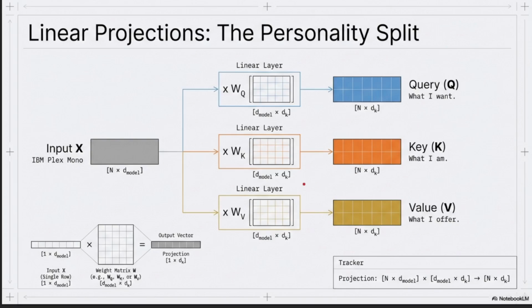If our input X is 2 by 512 and our weight matrices are 512 multiplied by 64, the resulting Q, K, V are compressed into 2 by 64. Row 1 of Q represents the query for "let's". Row 2 represents the query for "go".